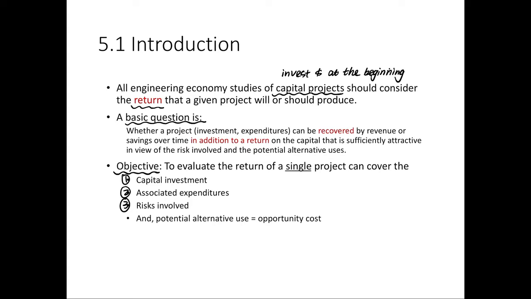Well, those risks are something you need to take, and you want the profit of that project to somehow recover this risk. Okay, so that's the third thing you want to recover. And the fourth, the potential alternative use of other opportunities. That's the opportunity cost.